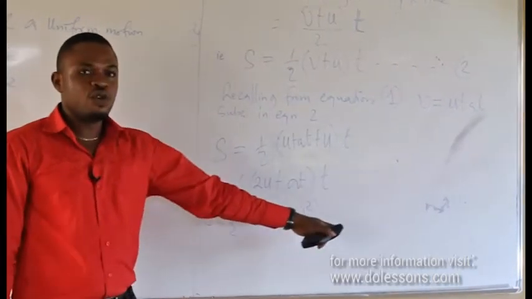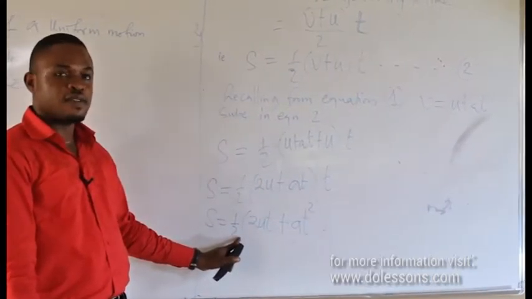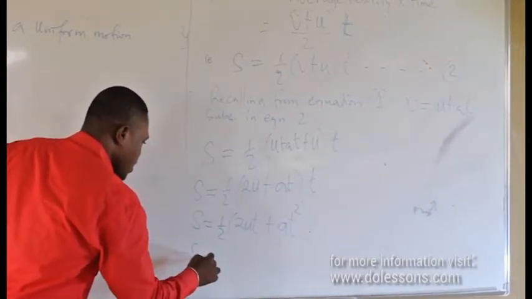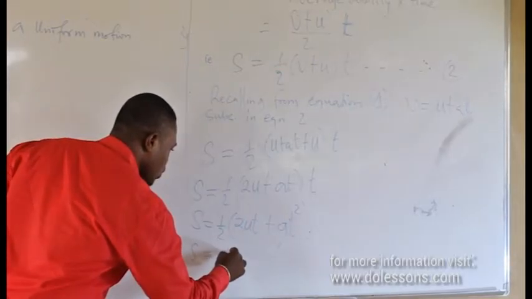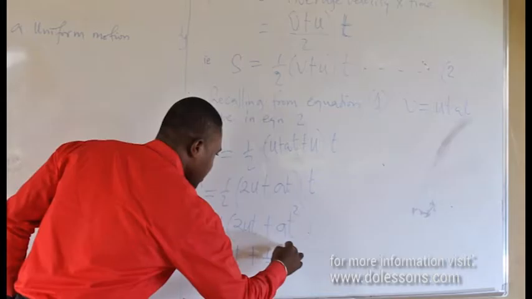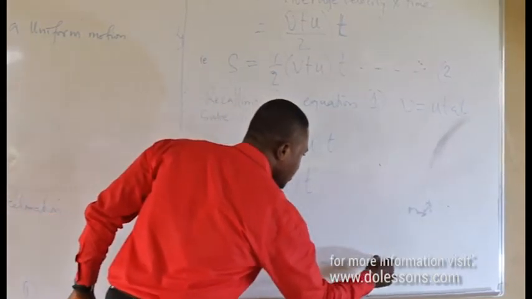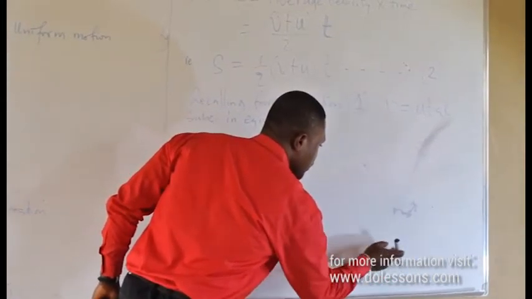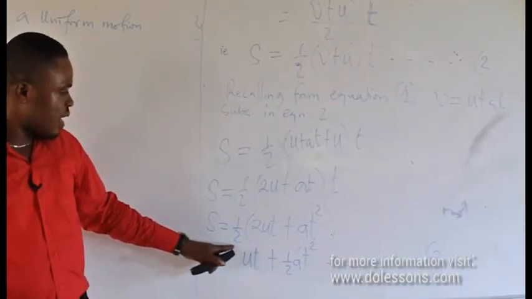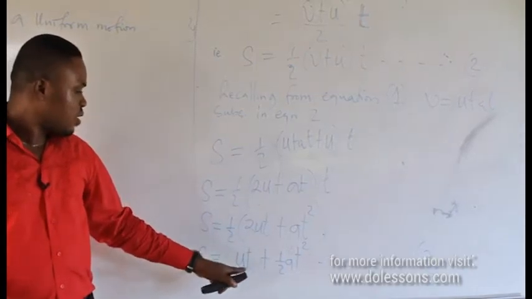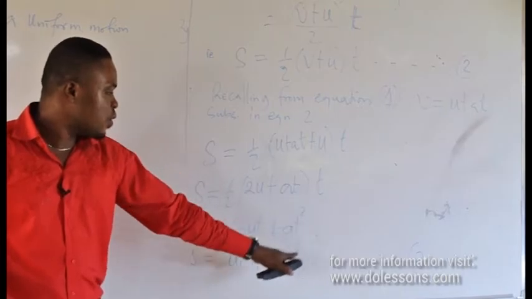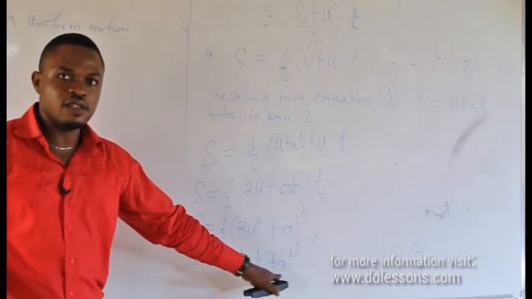Now, multiplying through by half, we now have that s is equal to ut plus half at squared. That is the second equation of motion. When we multiply, these two will cancel out these two, remaining u times t plus this half times at squared gives us half at squared.